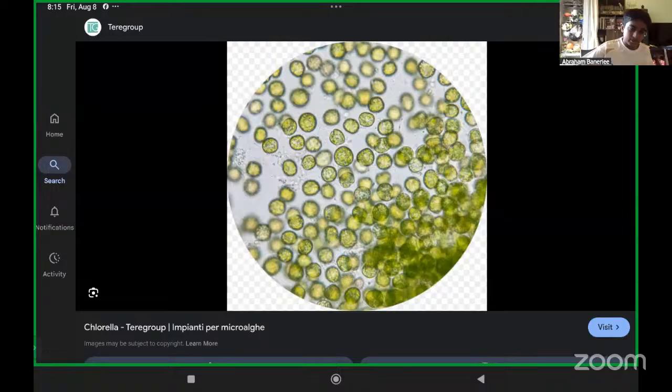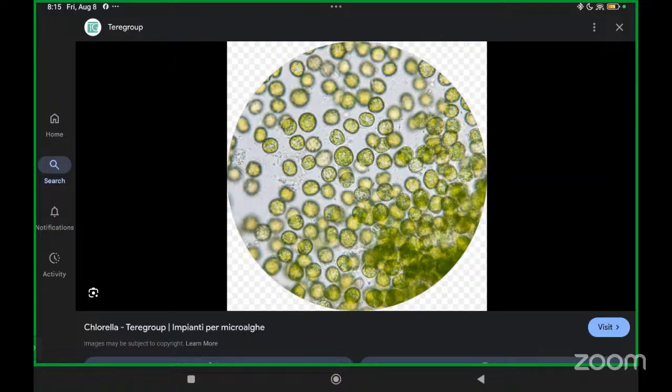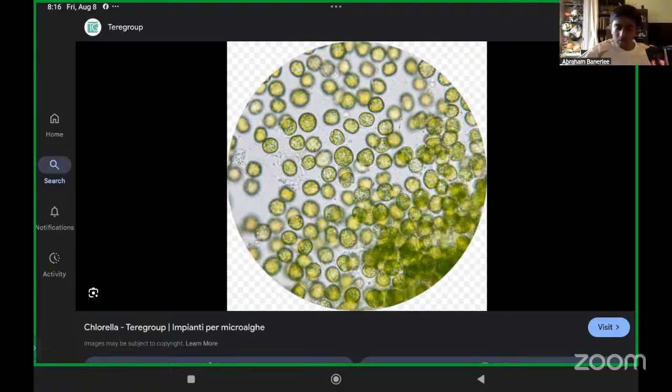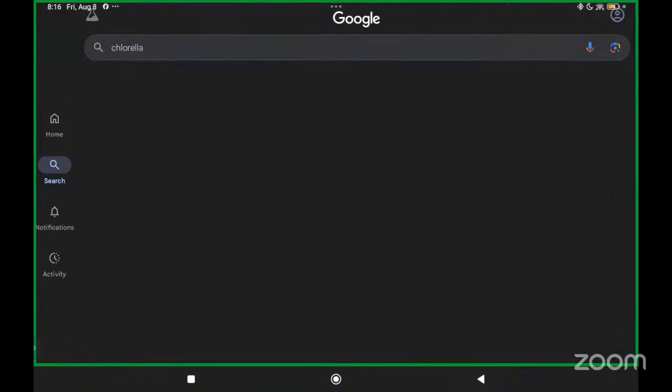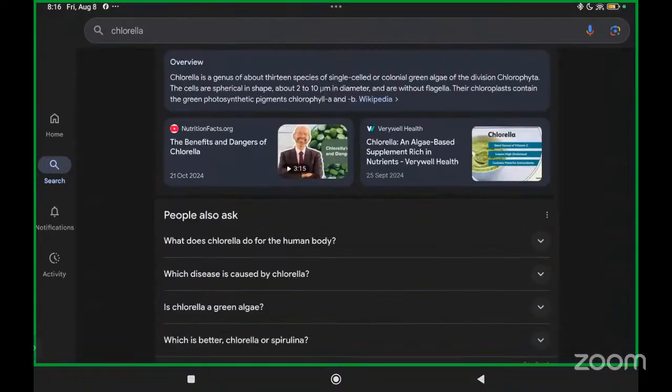Then it's unicellular, right, ma'am? It is unicellular. Ma'am, what do they do? Are they harmful or something? I think they are harmful, Abraham. They are probably disease causing.